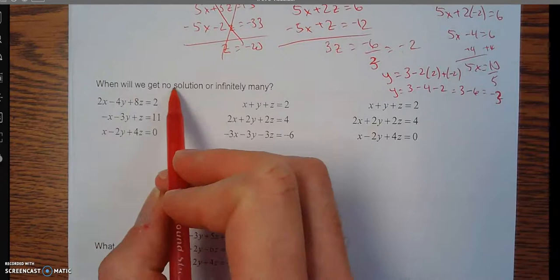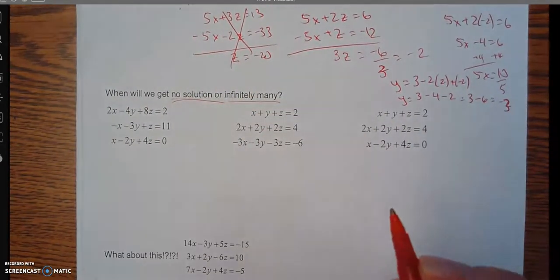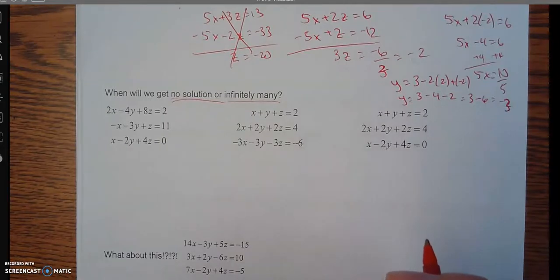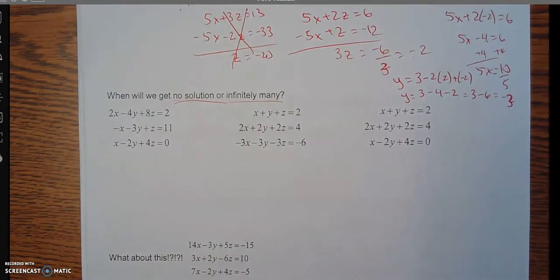When will we get no solutions, and when will we get infinitely many solutions? Remember, both these cases are when the variables disappear, all of them. So when all variables disappear, one of these two is going to be the situation. If what you're left with is not a true equation, like 5 equals 7 or 2 equals 0, then it's no solution because it's not true.